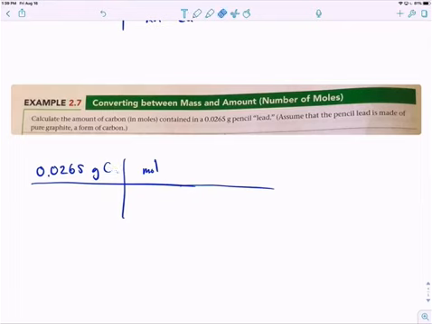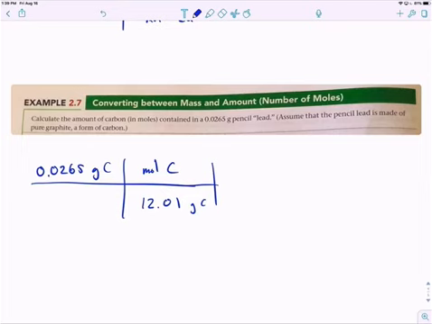The last problem is still stuck in my head. Moles of carbon, and this is 12.01, I think, when you look at a periodic table. Yeah, at least that's what the book is doing. We can stop there. So it's 0.0265 grams of carbon.